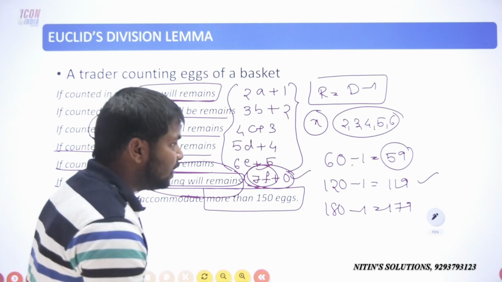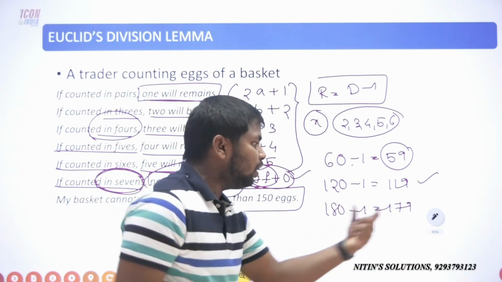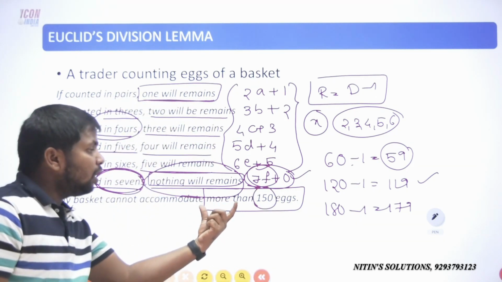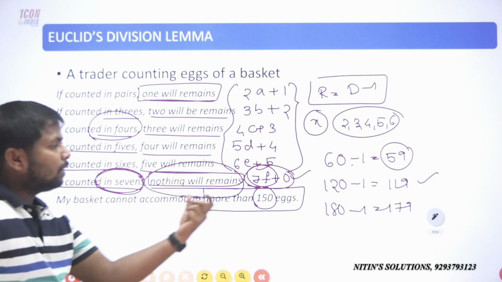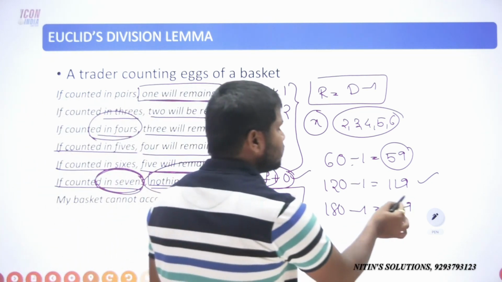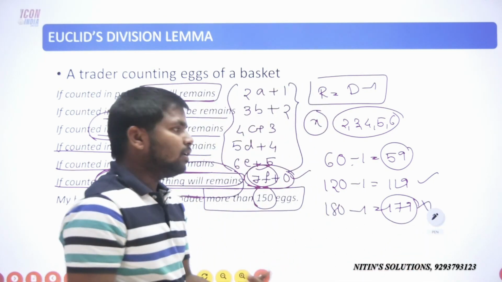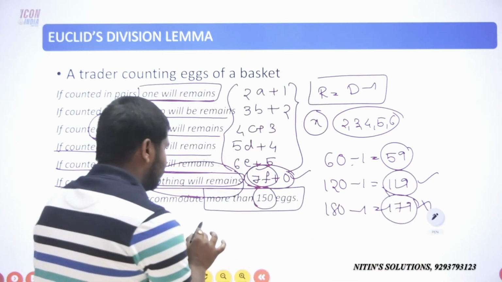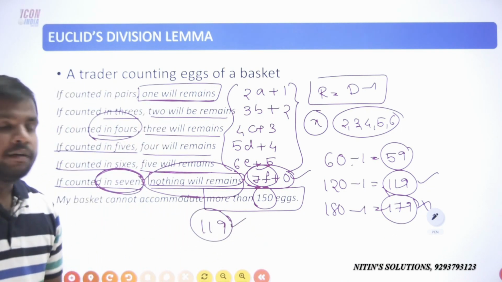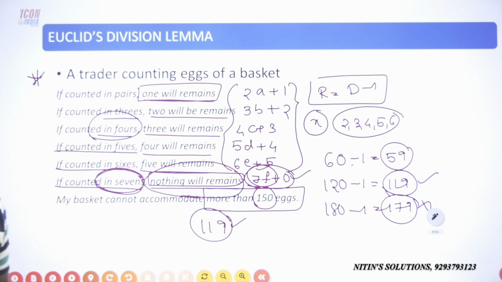Here, the basket cannot accommodate more than 150, and we got 179. Is it possible? Obviously no. So what will be our answer? Our answer is 119 X. Clear? This is the example puzzle they have given in the NCERT textbook.